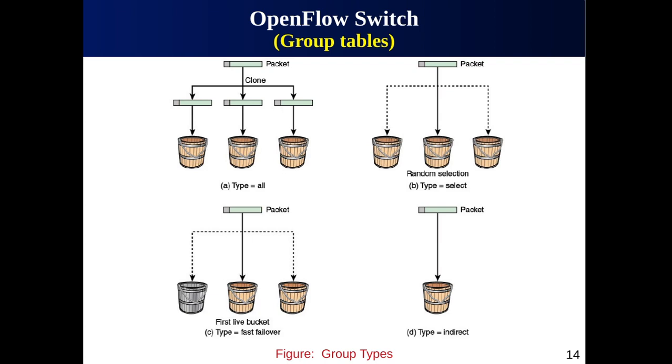The group table, and mostly the group actions, enable OpenFlow to represent a set of ports as a single entity for forwarding the packets. That is the main concept, like a group. Now we are talking about groups. So the group table and the actions performed on the groups enable OpenFlow to represent a set of ports, not a single port, and this set of ports can be represented as a single entity for forwarding the packets.